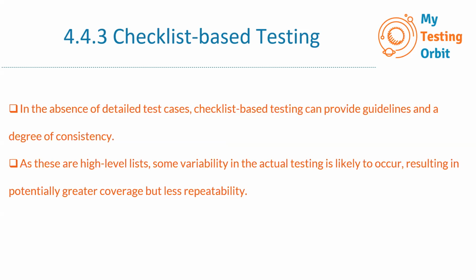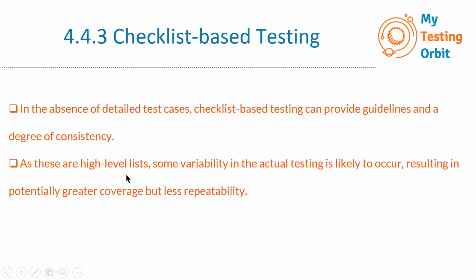We can show that this is what we covered, because we can have a checklist and just tick that yes, we have tested this, we have tested this. So at least there is some evidence to show what kind of testing you have done, and it can provide some guidelines and also consistency, that you have consistently tested these areas throughout the system.